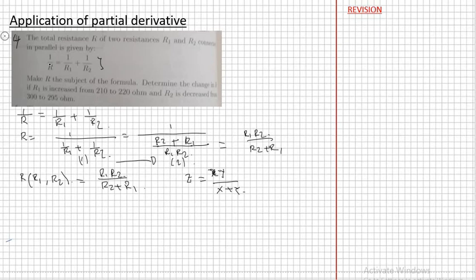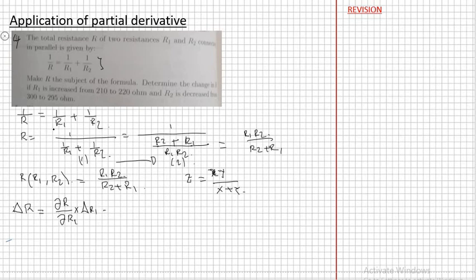Now how to determine the change in R? The change in R is given by delta R, which is equal to the partial derivative of the function R with respect to R1, multiplied by the change in R1.